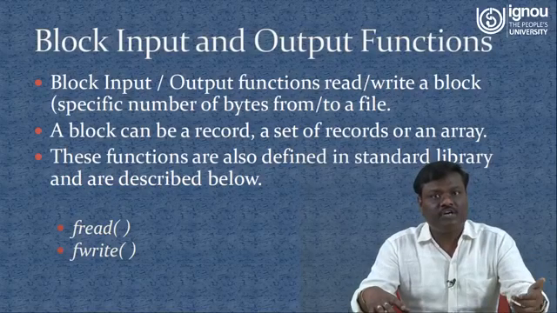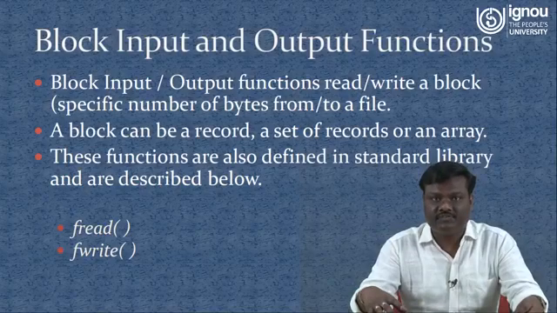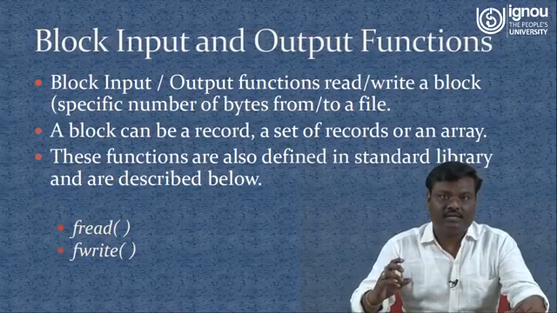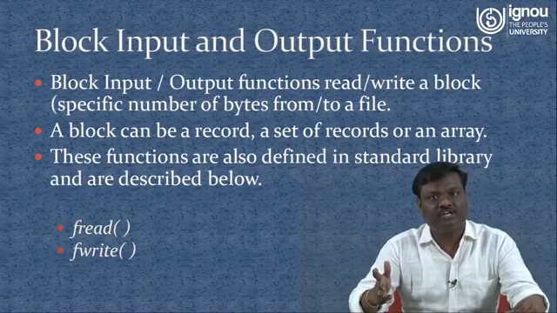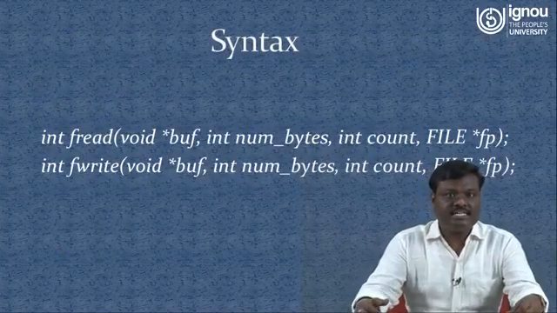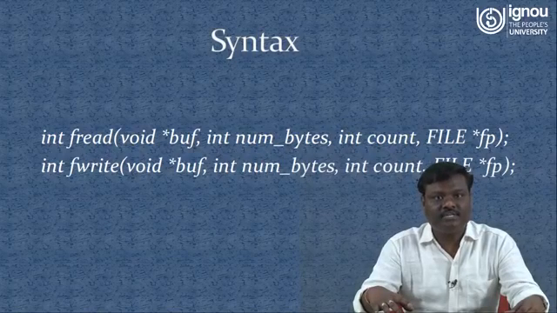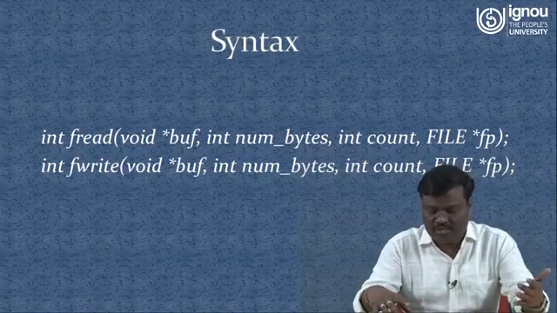The function to read a block as input is fread, and in order to write a block into the file, you have a function called fwrite. This is the syntax that you have to use: void pointer variable buffer, integer number of bytes, count, then file pointer. What do all these arguments point to?